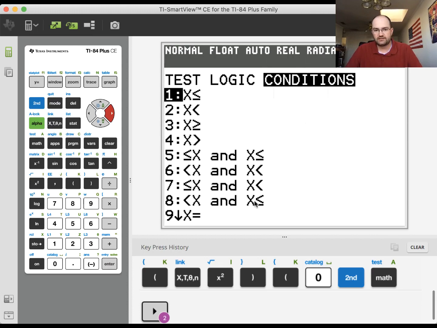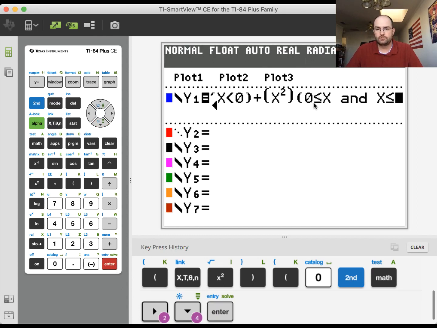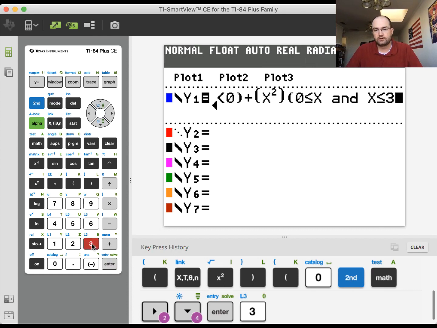Or if it was less than and less than or equal to, I would use 8. Or if they were both less than, I would use 6. So just make sure that you're matching up these less than or equal to's or less thans. So I'm going to click on 5 for this one. And notice that we have 0 less than or equal to x, and x is less than or equal to, in this case, 3. Close parentheses.